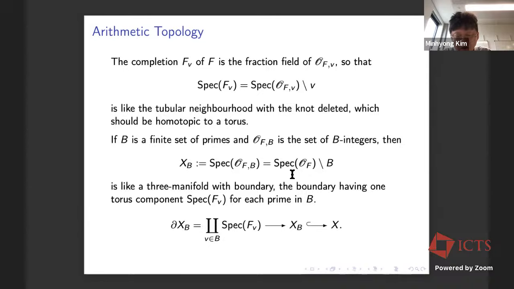In other words, if you think about this as being homotopic to removing the whole solid torus, that is the tubular neighborhood of the knot as well, then you get a three-manifold with boundary, and each boundary component corresponds to a torus, right? Spec F_v being a torus. So you think about the disjoint union of the Spec F_v, for v running over S, mapping to X_S as being like the inclusion of the boundary inside the three-manifold with boundary.